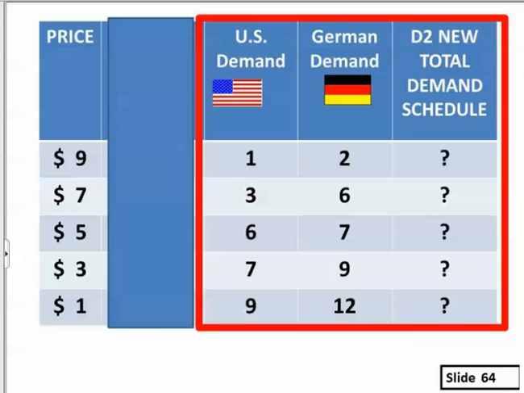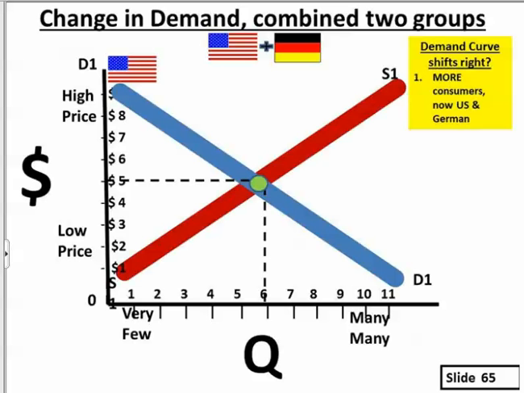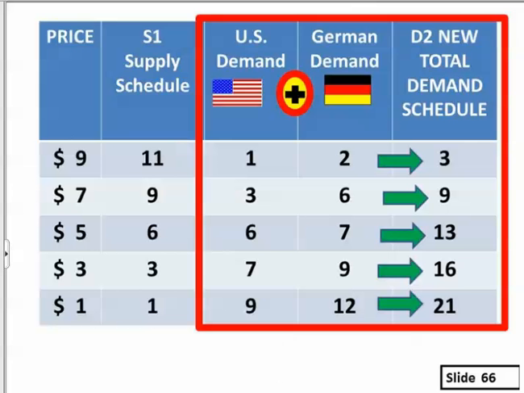And if we add the two demand schedules together, we get a new D2 demand schedule. And we can add the numbers together pretty easily. We just add what the U.S. is willing to buy at $9 and what the Germans are willing to buy at $9. And we say we now have a demand for 3 at $9. And at $7 we have a total demand of 9.